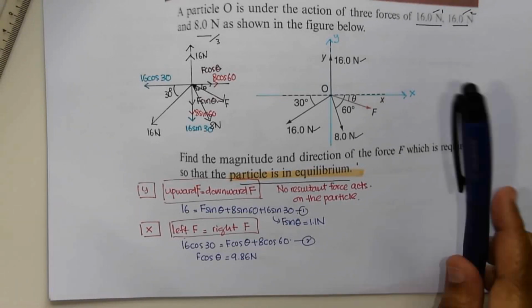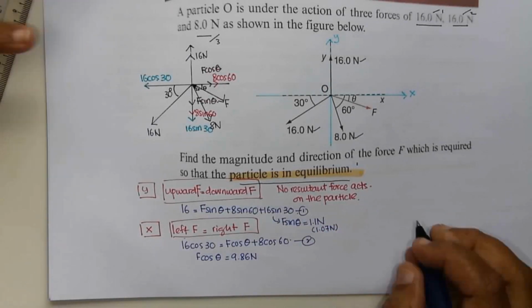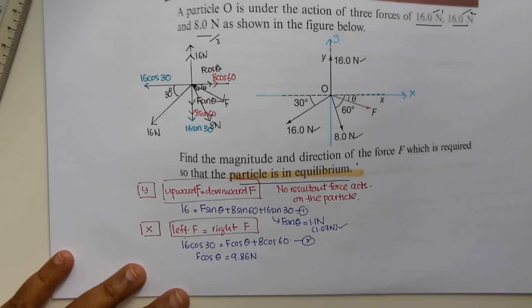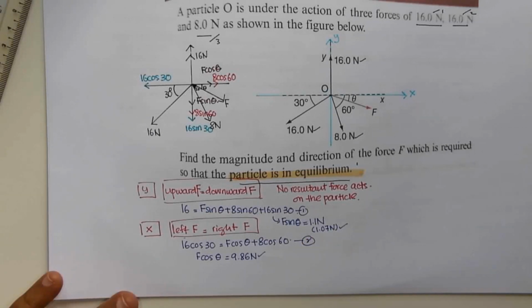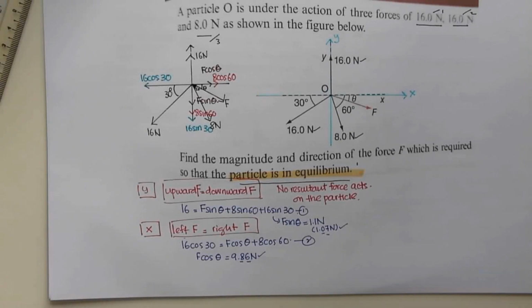I actually get 1.07 Newton. I simplified it to 1.1, but I will just use 1.07, since I used 9.86, to 2 decimal places.